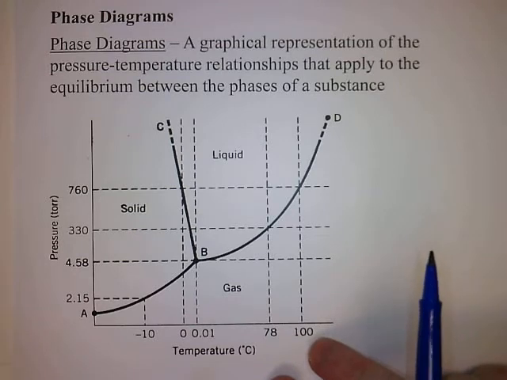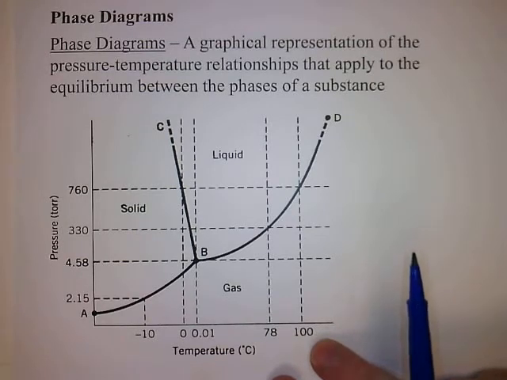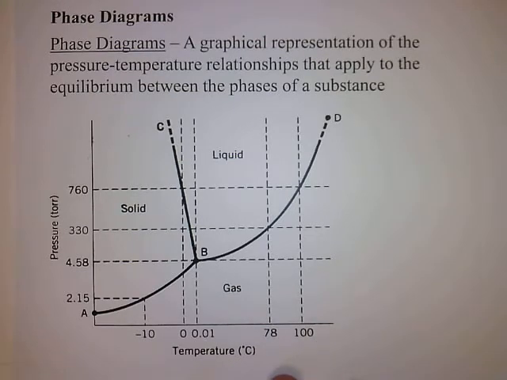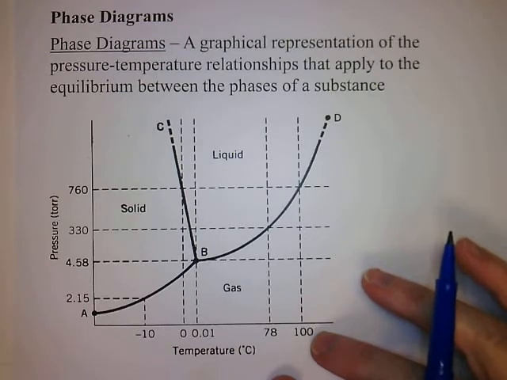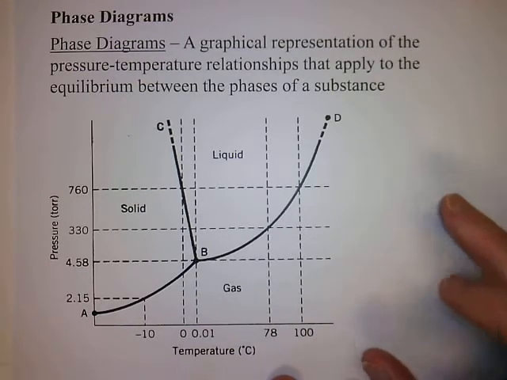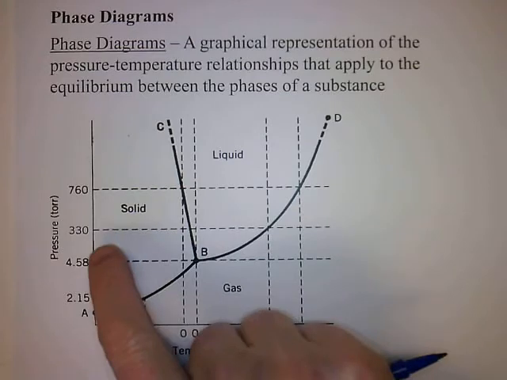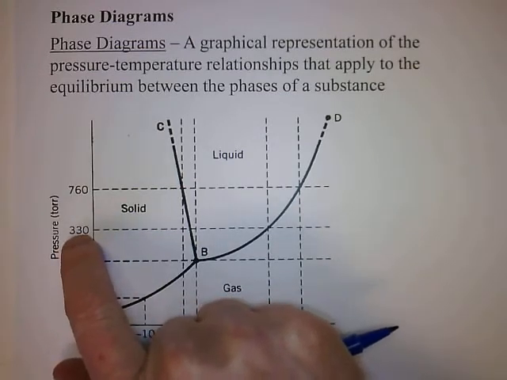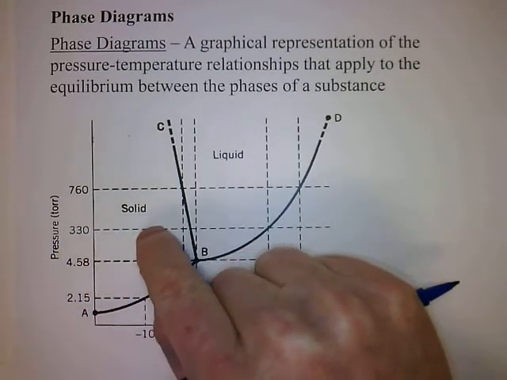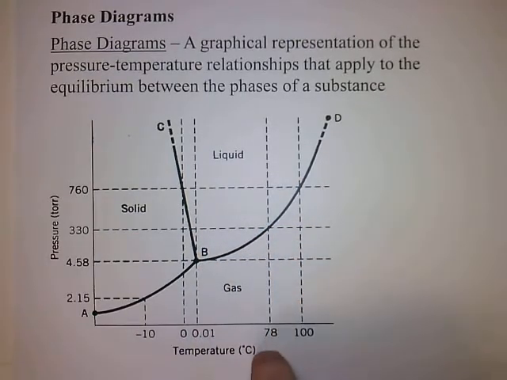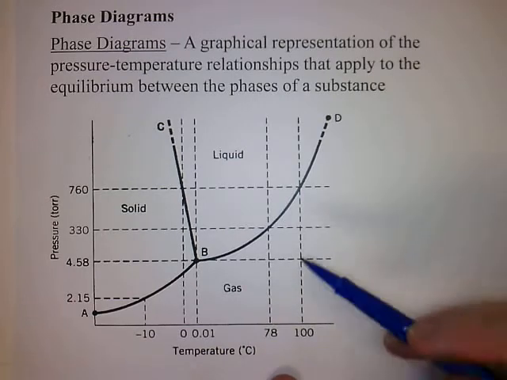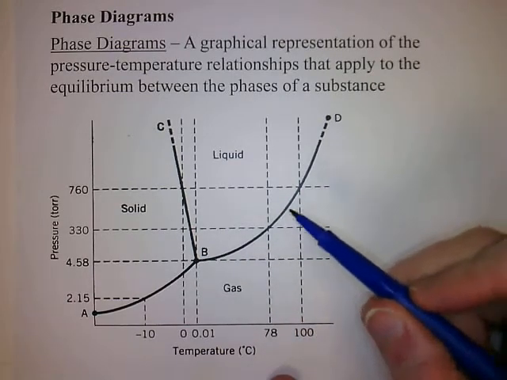Now remember what I said about how you could make water boil at a lower temperature by decreasing the pressure over the surface of the liquid, hooking up the vacuum pump and sucking the air out. Let's say at 330 torr. Now what's our boiling point? It's only 78 Celsius. But it's important to note this curve is not linear.